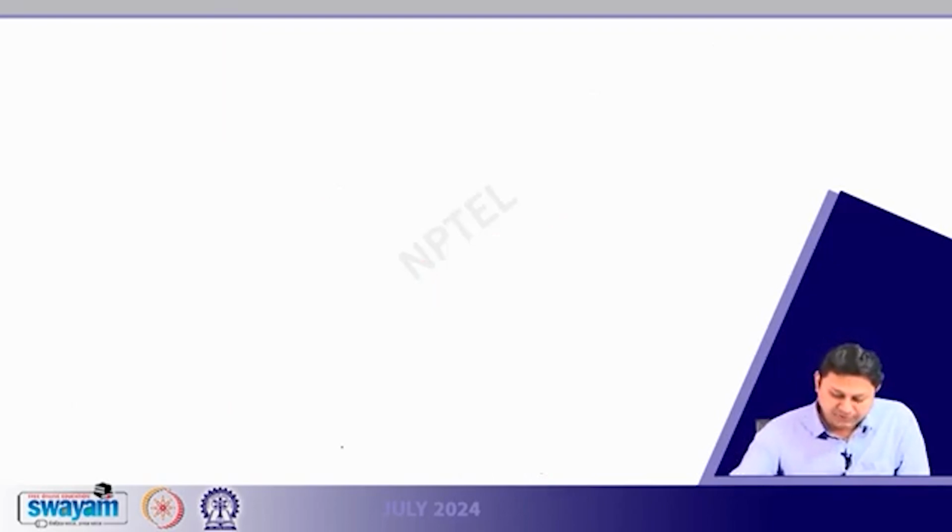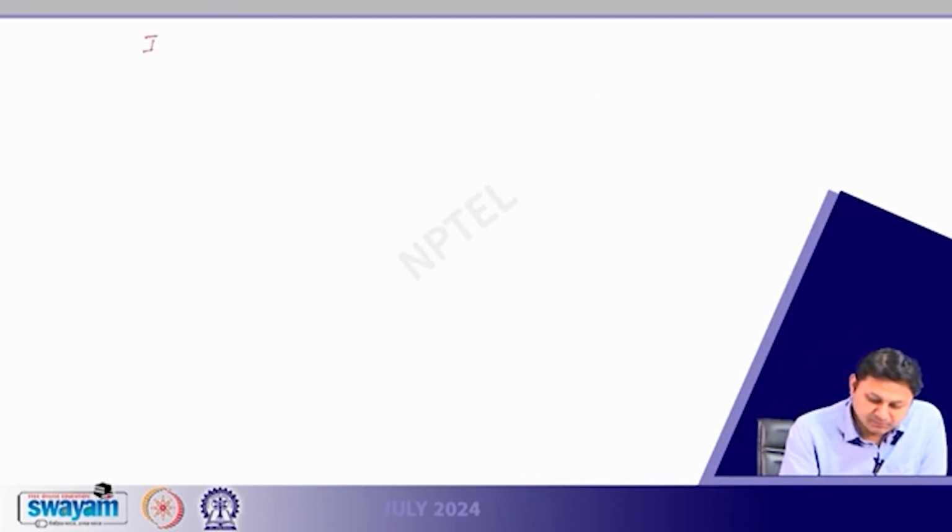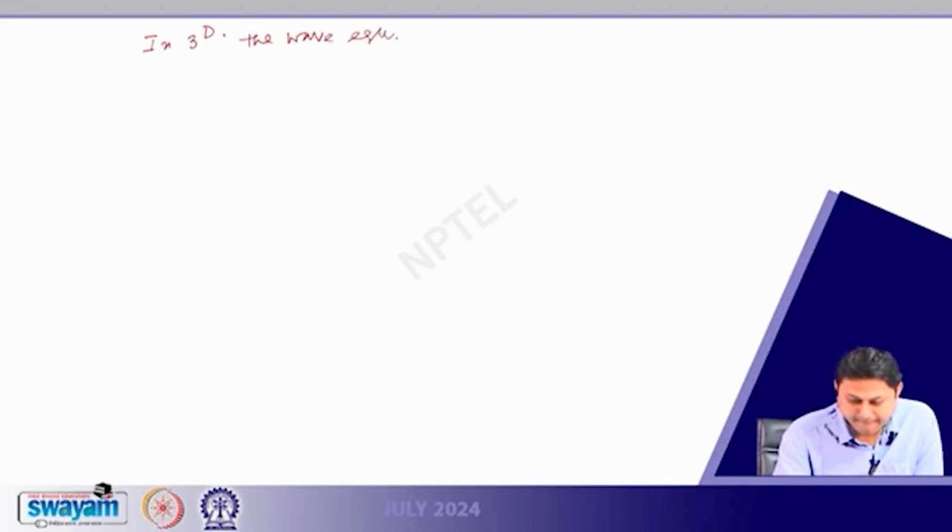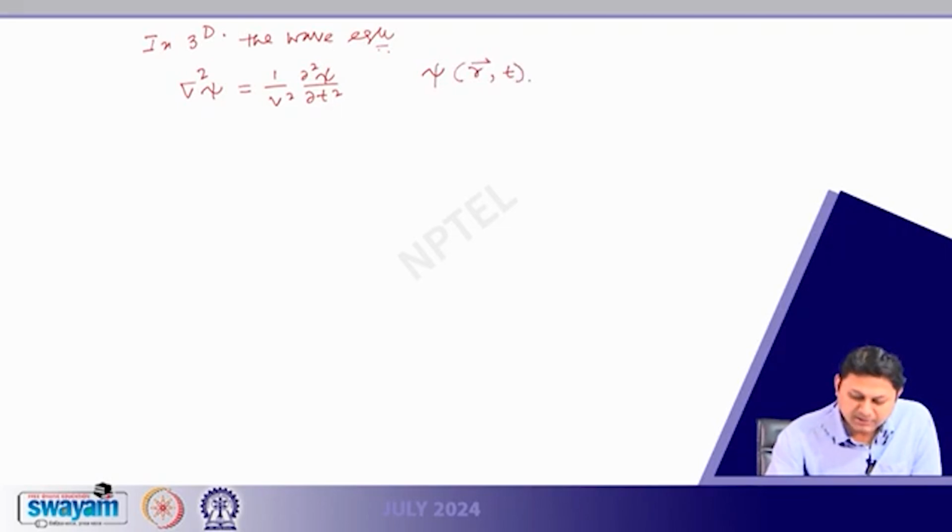In 3 dimensions, however, in 3D, this wave equation takes the form in this way, where psi represents the wave, and in general that is a function of the vector r and t.